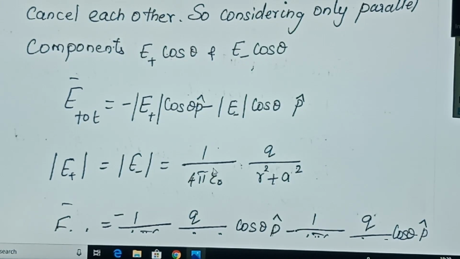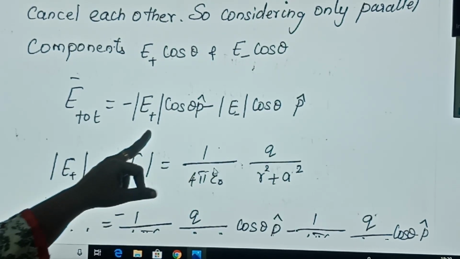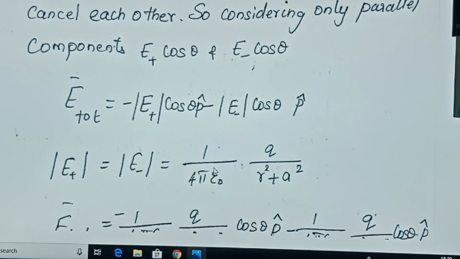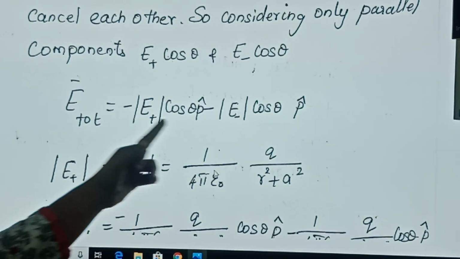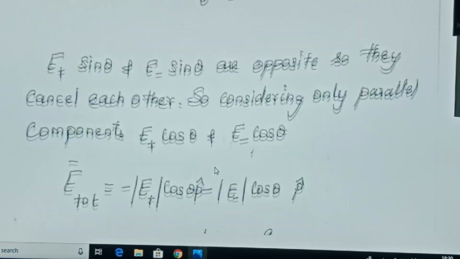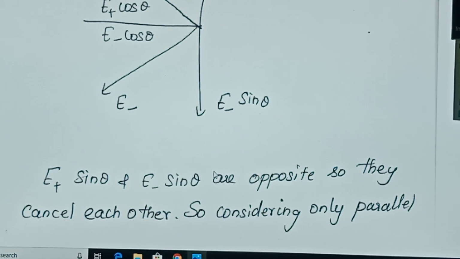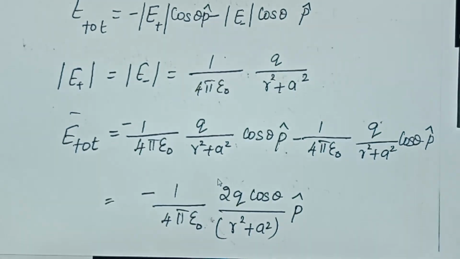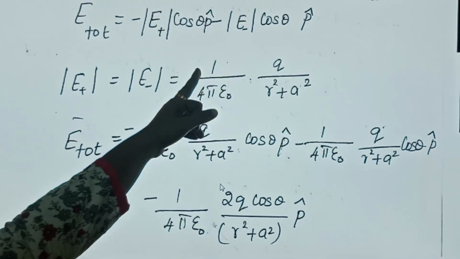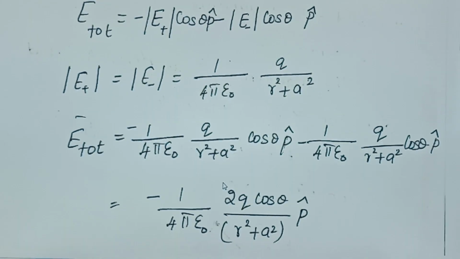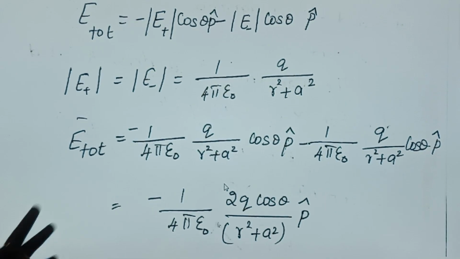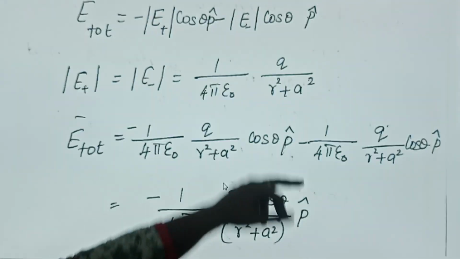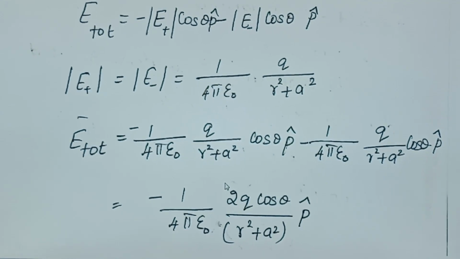So the total value of E can be written as the addition of both, and we are writing with a minus sign because both are in a parallel direction. When you see the value of this E plus and E minus, we have already seen in the axial line the formula is 1 by 4 pi epsilon naught into Q by R square.